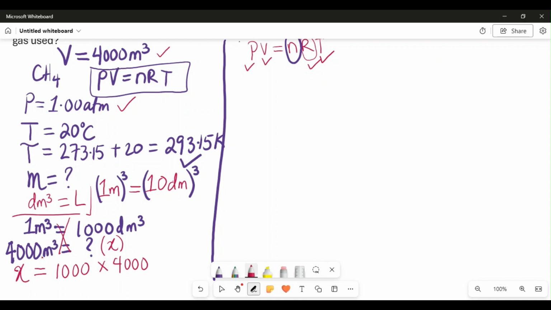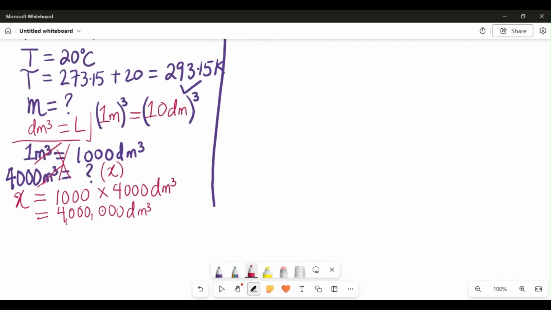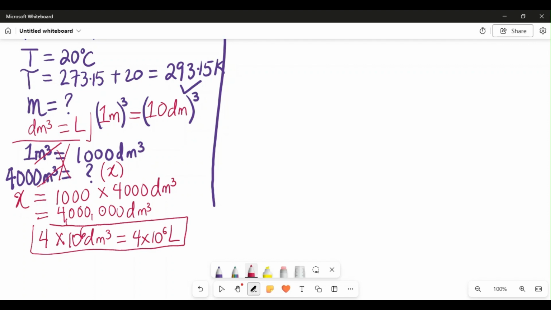The meter cubed cancels out, and we retain the decimeter cubed since that's what we're solving for. So we end up with 4 million decimeter cubed, which we can simply call 4 times 10 raised to the power 6 decimeter cubed, or 4 times 10 raised to the power 6 liters. One of the two is all right. Does that make any sense? Yep, that is how you do it.